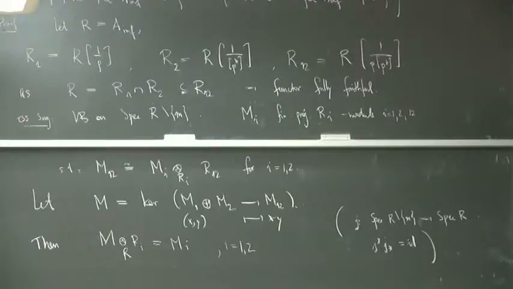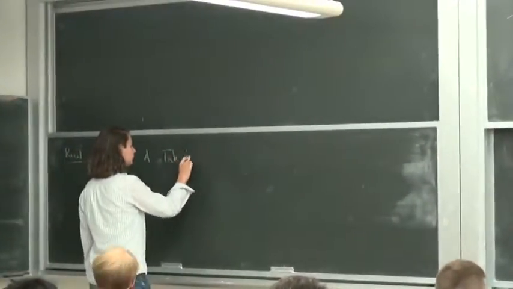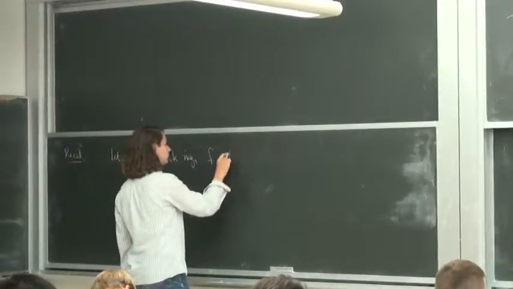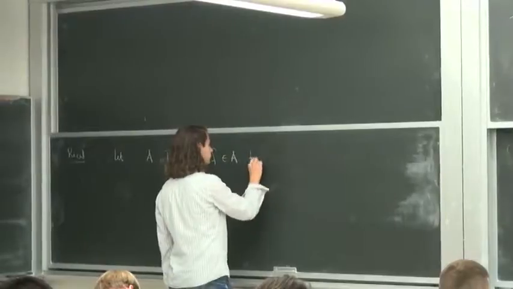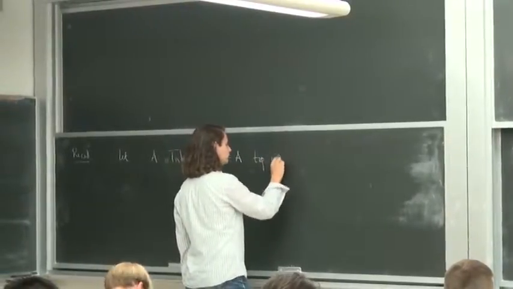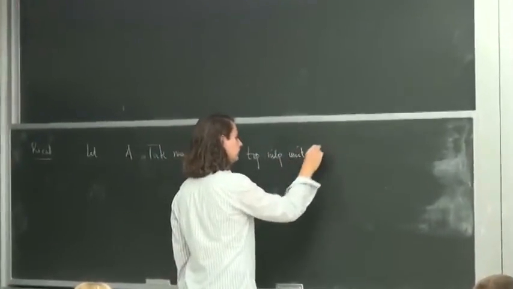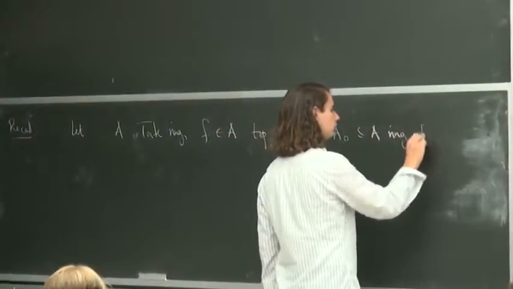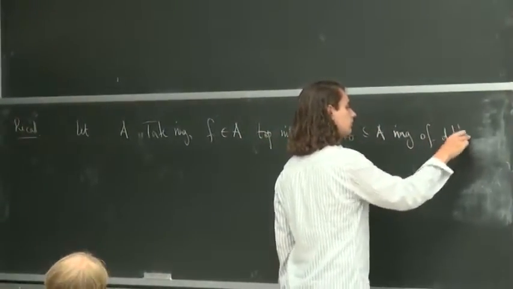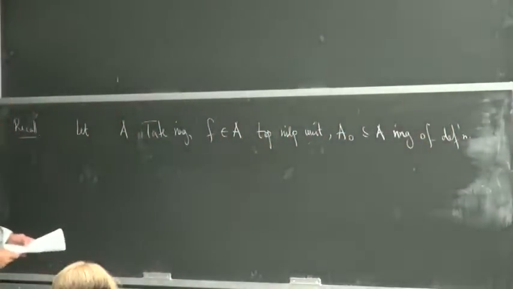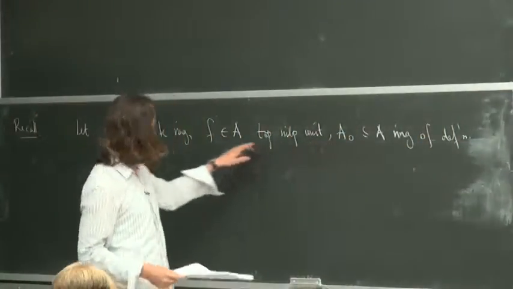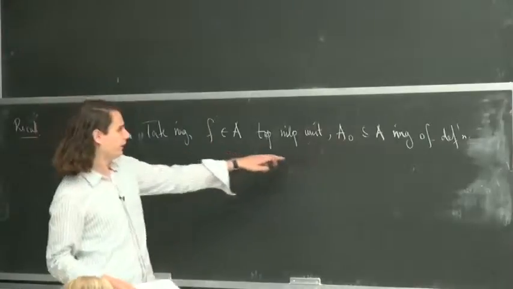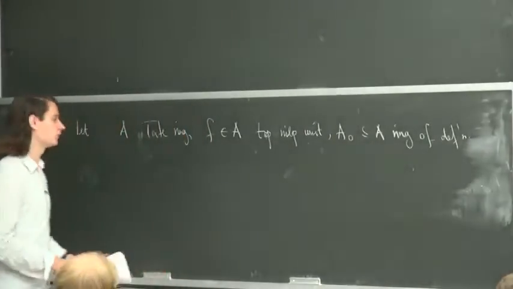So if A is any Tate ring with f a topologically nilpotent unit, and A0 a ring of definition. Recall that this in particular means that A0 has the f-adic topology and A is A0 with f inverted.